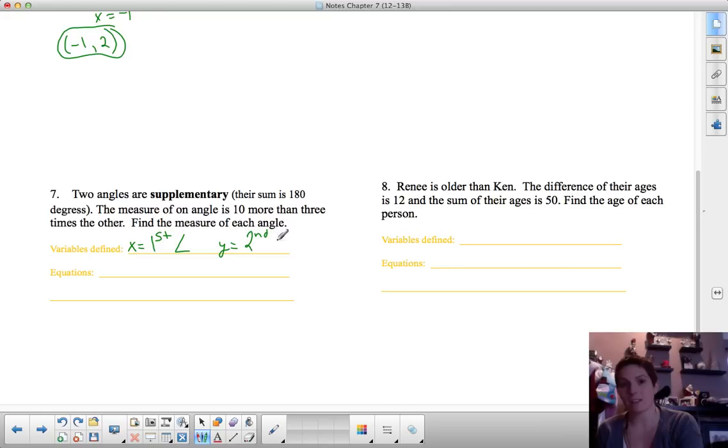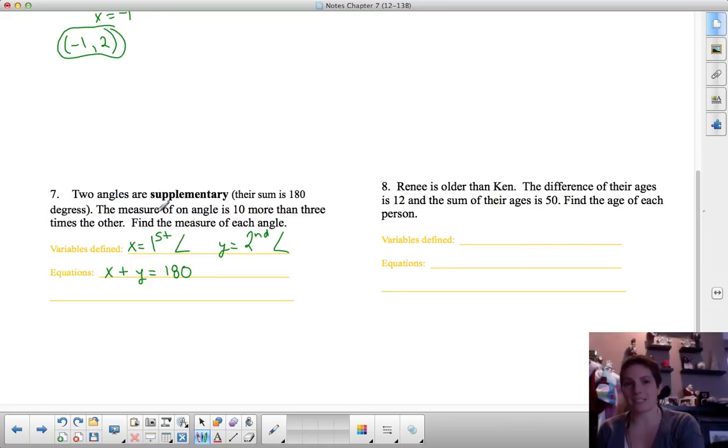Seems pretty basic. Now they told us that supplementary means that their sum is 180 degrees. So they gave us that first equation pretty blatantly: x plus y is equal to 180.